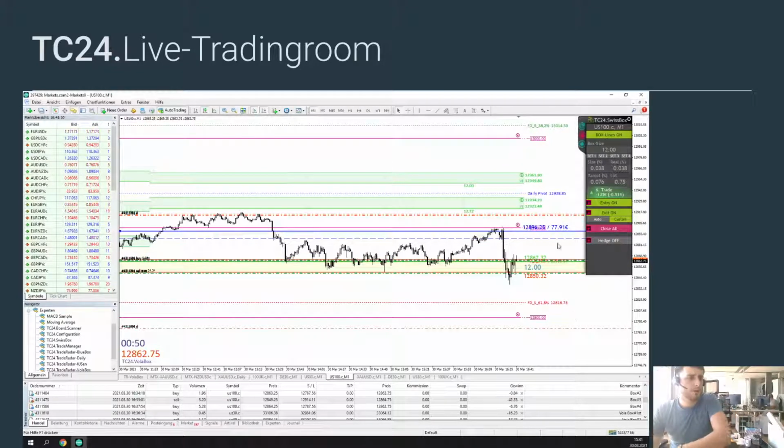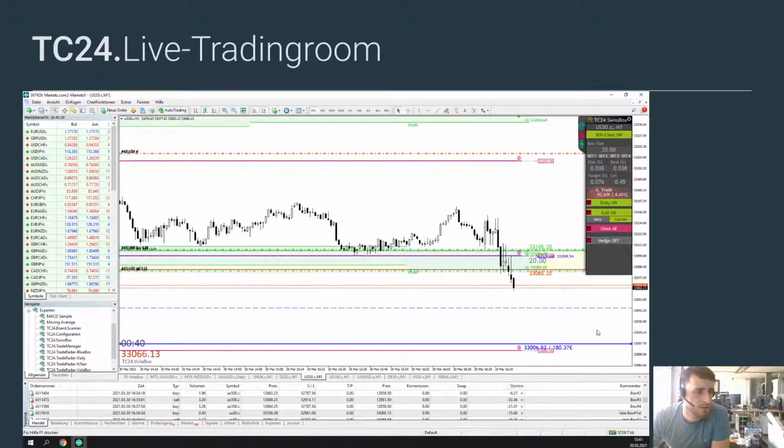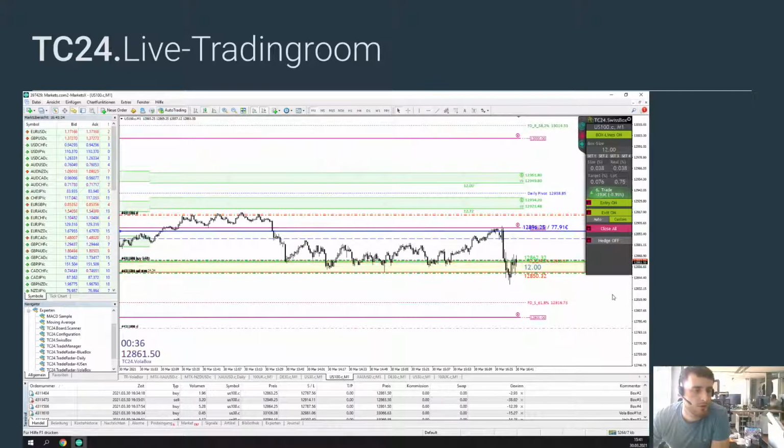So as we know with the Nasdaq, it's always a similar story around the opening. We get a lot of volatile consolidation areas, which are quite tricky to trade with the Swiss box, of course. So it's definitely a bonus that we have all of these extra trades in the Swiss box.